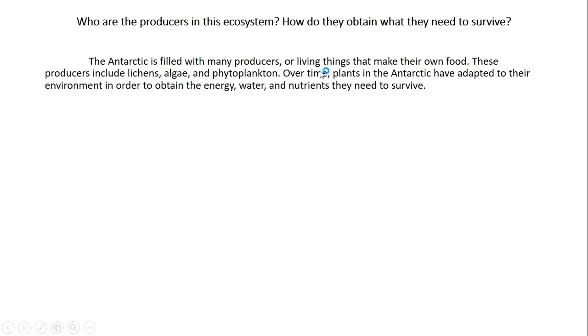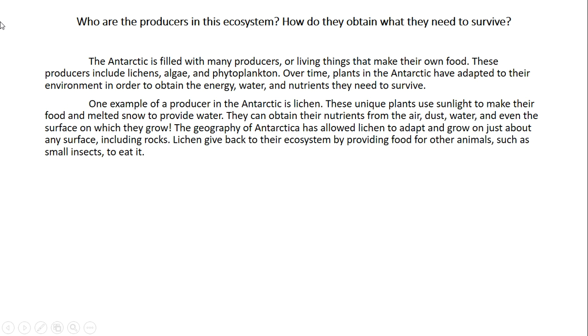So I have included pieces of this question. I've introduced what I'm going to be writing about, and I chose for my 3 key details, 1, 2, 3 producers. So paragraph 1. One example of a producer in the Antarctic is lichen. These unique plants use sunlight to make their food and melted snow to provide water. They can obtain their nutrients from the air, dust, water, and even the surface on which they grow.